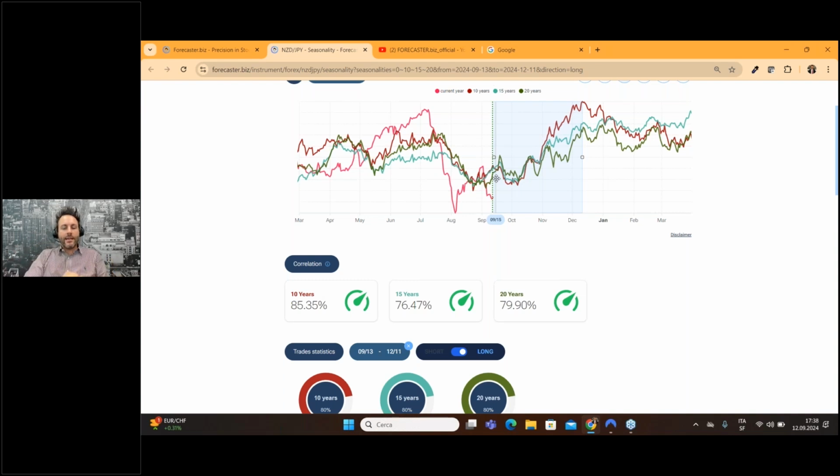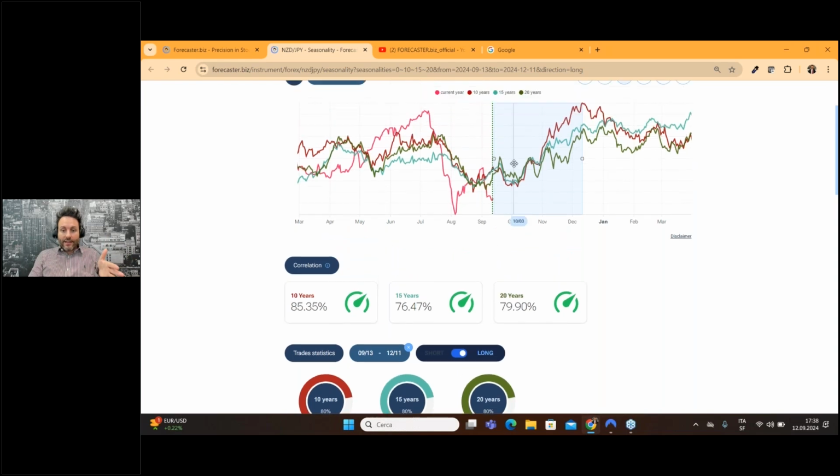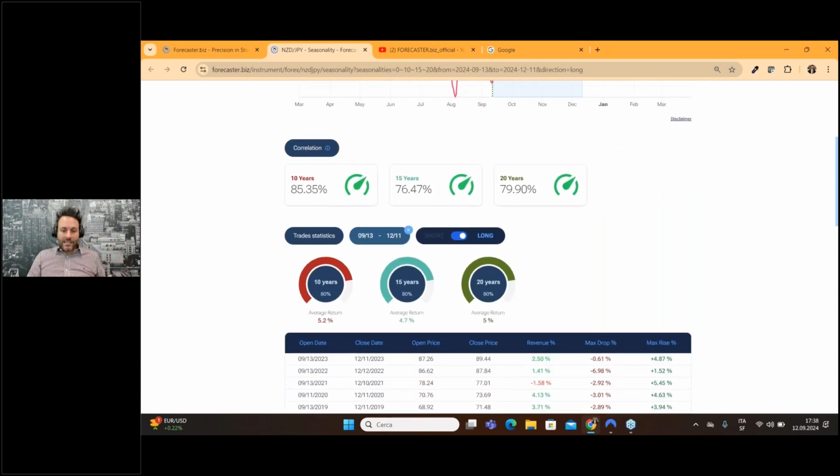If we can find the same opportunity in the 10-year, the 15-year, and the 20-year seasonality, it means this specific pattern is consistent in many, many cases.